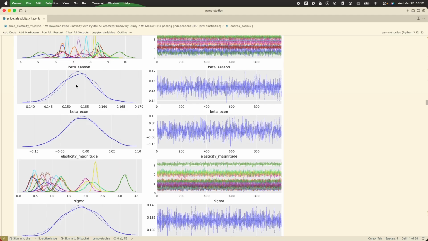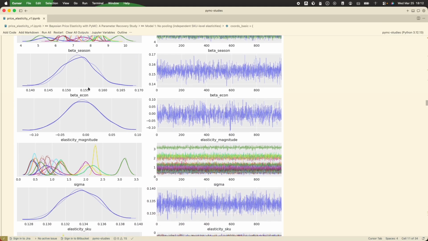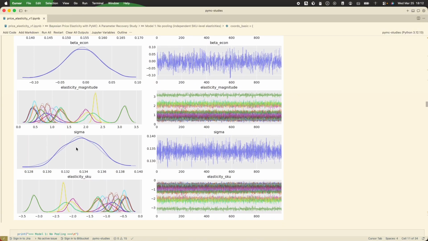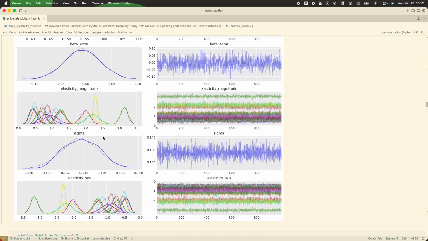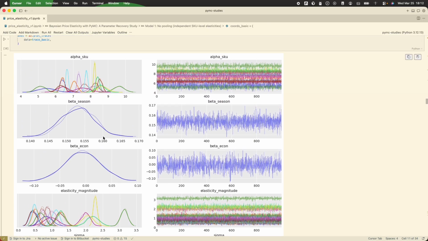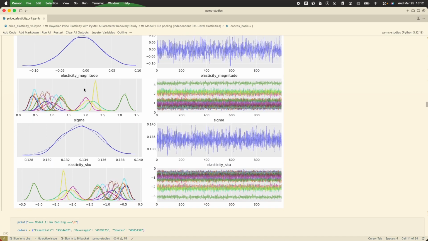And here we can see our traces. For each parameter, we can see more or less what value they tend to linger around in terms of distributions. What we are interested in here mostly is elasticity magnitude or elasticity skew.